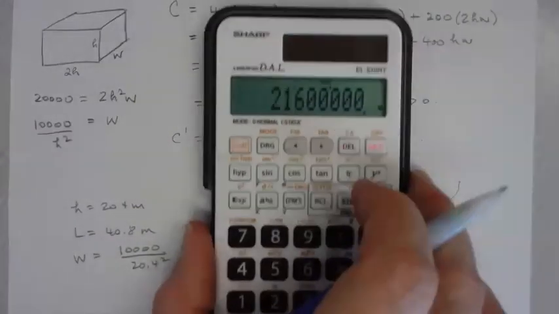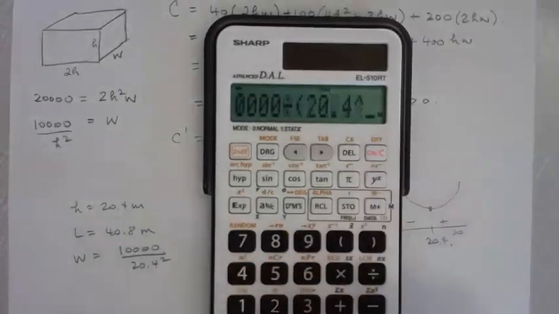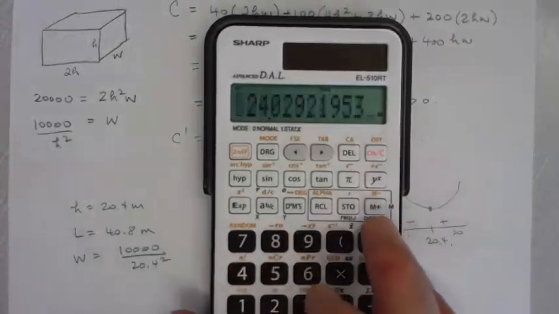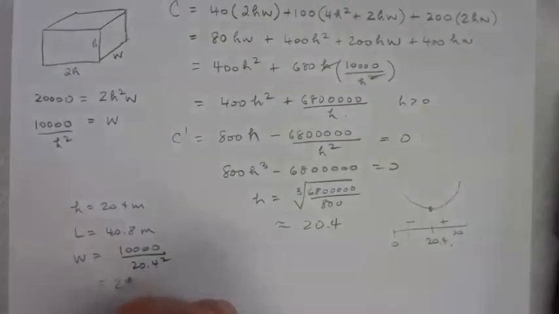So let's calculate that quickly. 10,000 divided by 20.4 squared, and it looks like it's 24.0. Okay.